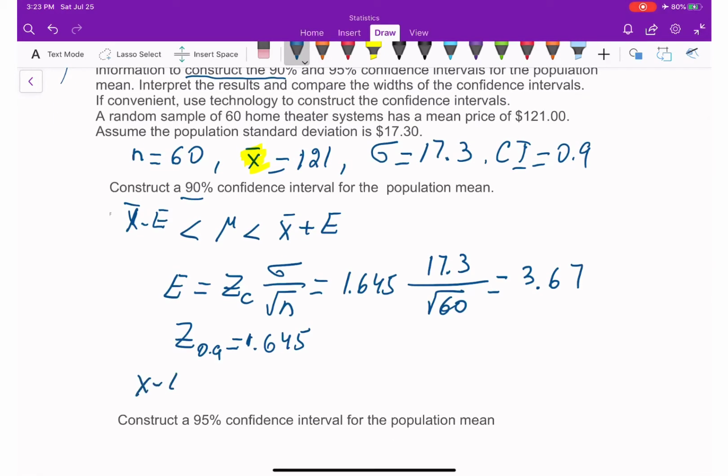From here, x bar minus error, it's going to be 121 minus 3.67, which is going to give you 117.33.